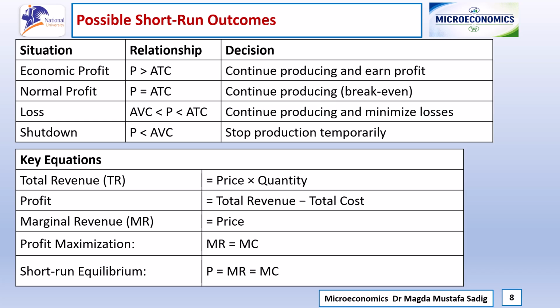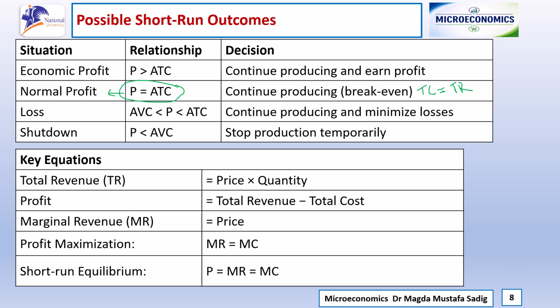The situation: if we have economic profit, price should be larger than average total cost, and the decision for the firm is to continue producing and earn profit. But if price is equal to average total cost, like here, there is normal profit, but the firm continues producing because it reached the break even where total cost equals total revenue.